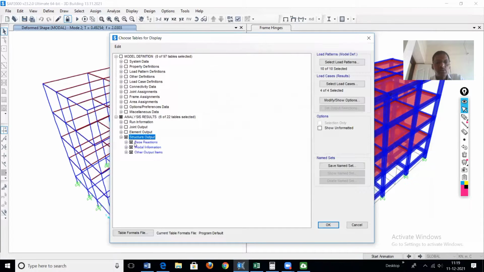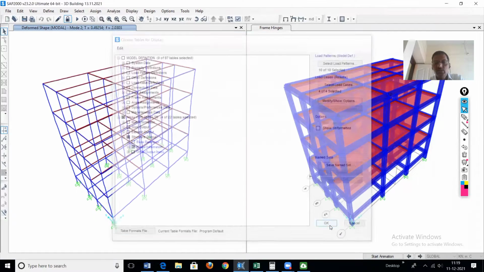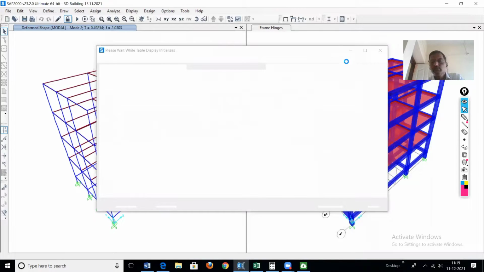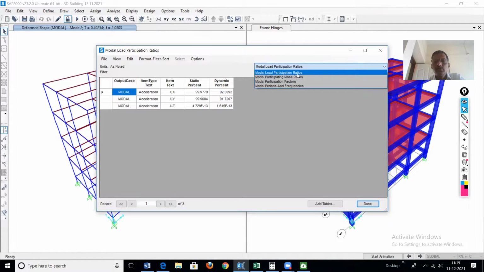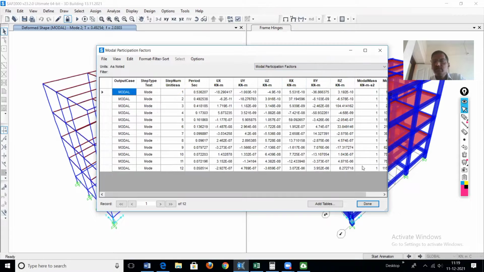So in the structure output, here is the modal information. So this is the modal participation factor. Now we are doing this calculation in the x direction, so in the x direction, the first mode is in the x direction.